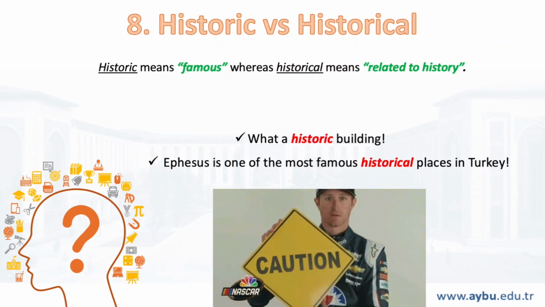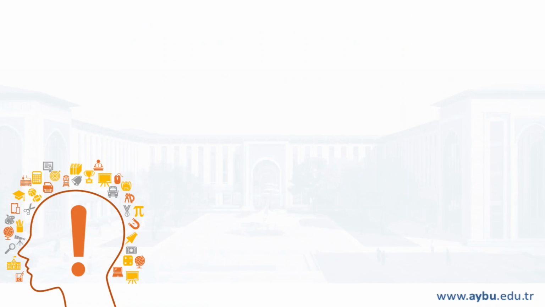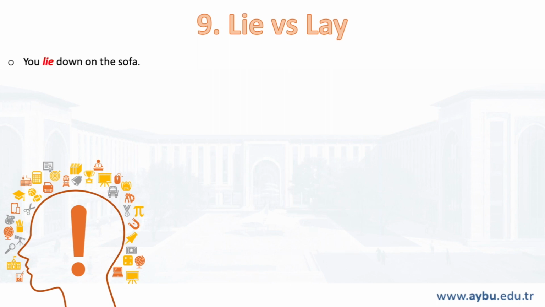The next one is lie versus lay. You will compare these two sentences. You lie down on the sofa. You lay the book down on the table. Can you spot the difference between them? If you don't, let me explain it.